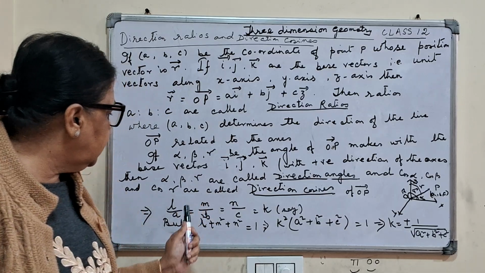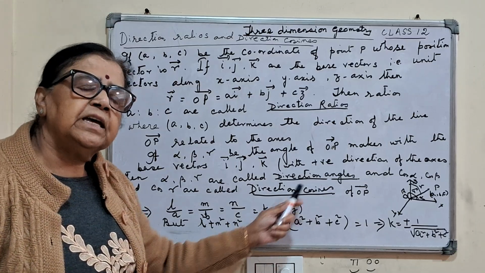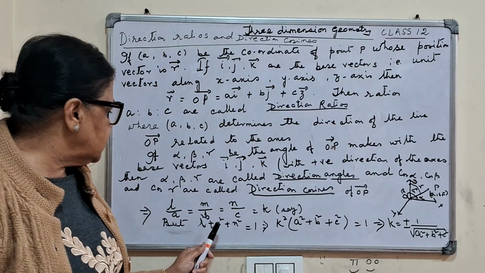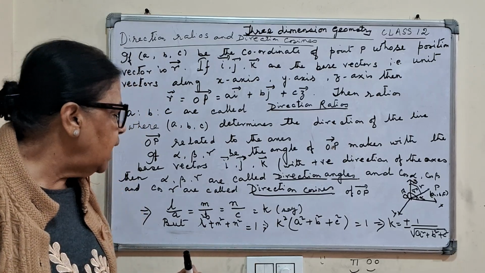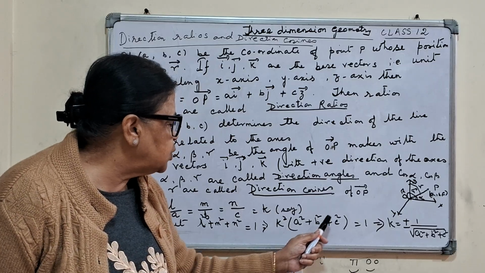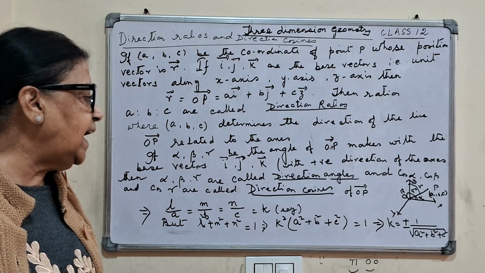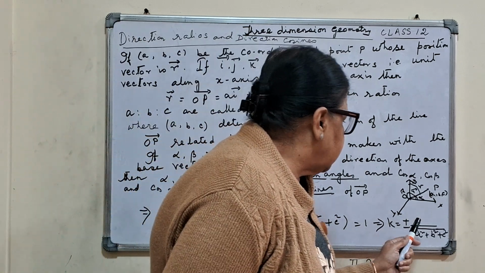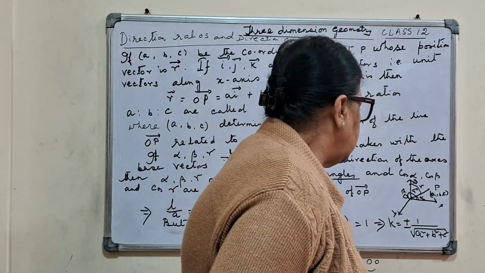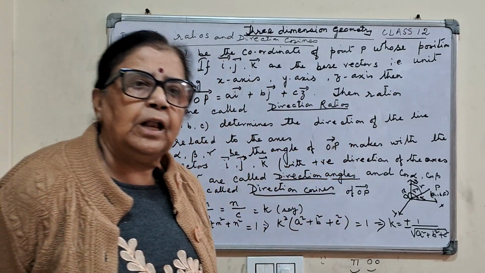They are L by A is equal to M by B is equal to N by C is equal to K. We find out K from L square plus M square plus N square equal to 1, that is K square times A square plus B square plus C square is equal to 1, which implies K is equal to 1 by root over A square plus B square plus C square. So we have found out the value of K.